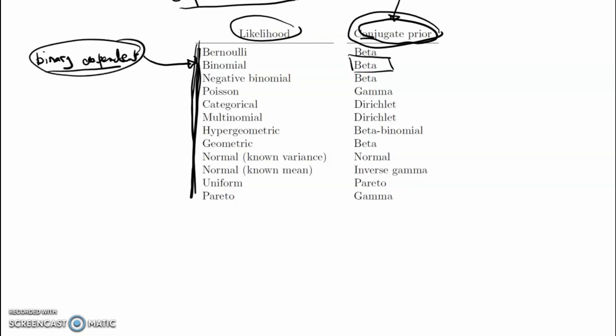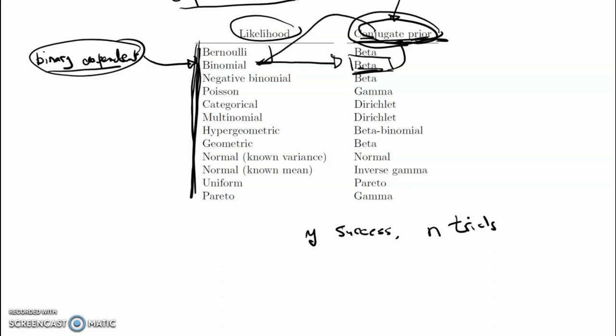If we've got a binary dependent variable, binomial likelihood, with y successes in n trials, and if we specify our prior as a beta, and the beta is conjugate to the binomial likelihood, if we give it parameters a and b, then we can automatically, instantly, and exactly calculate the posterior distribution.